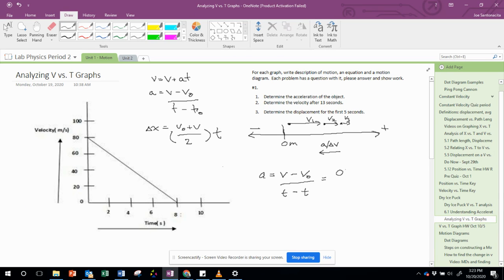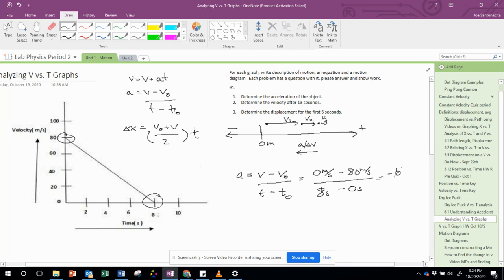That would be 0 meters per second minus 80 meters per second, all over 8 seconds minus 0 seconds, which gives me negative 10 meters per second per second. That would be my acceleration.